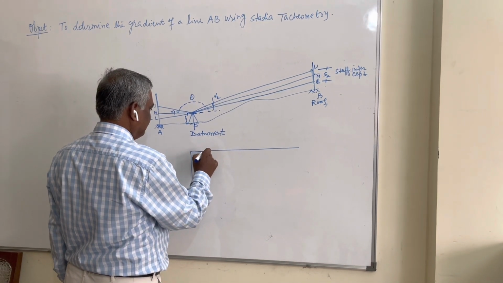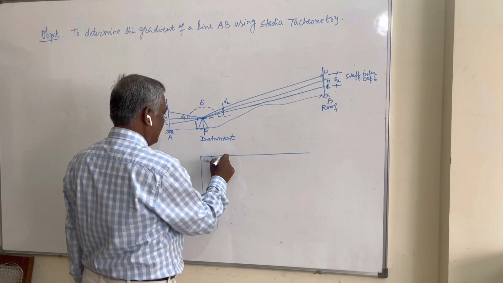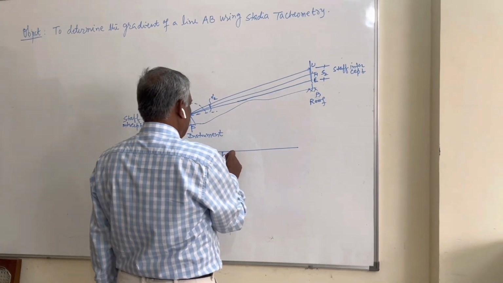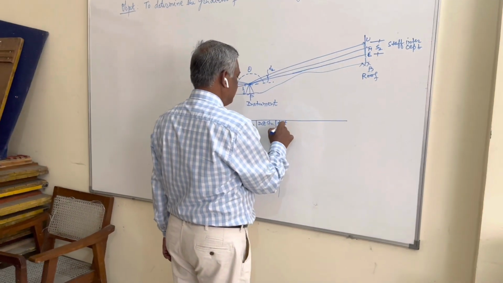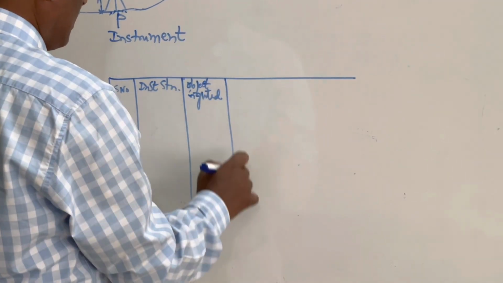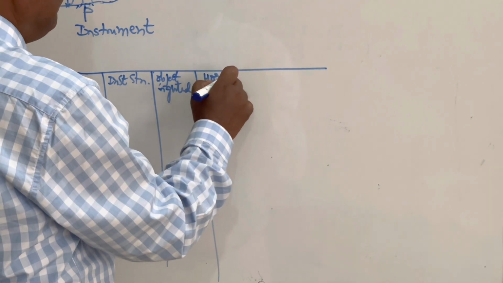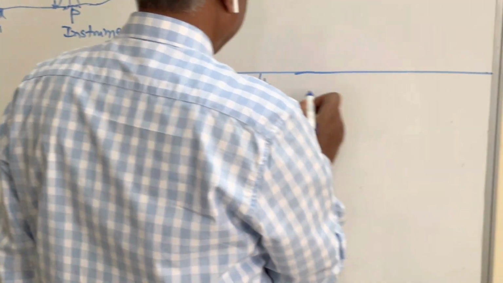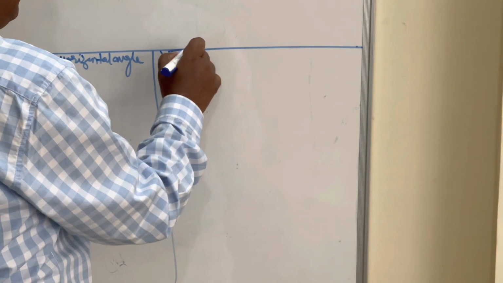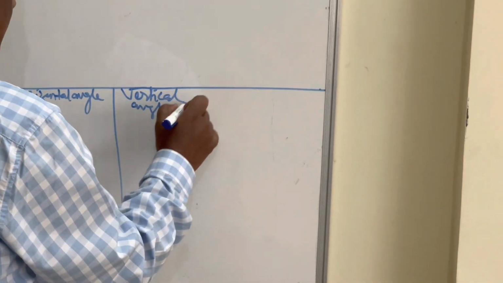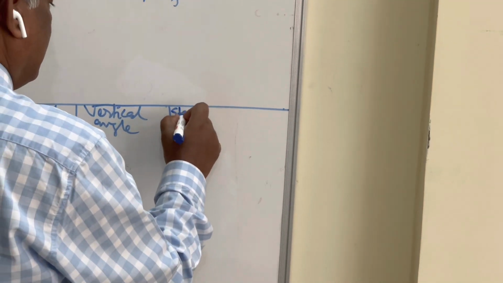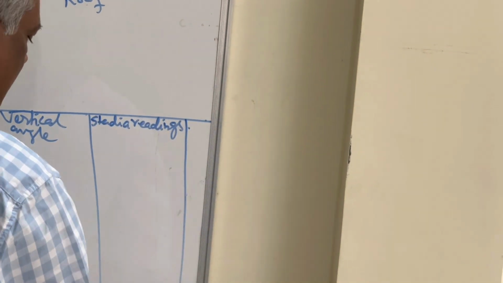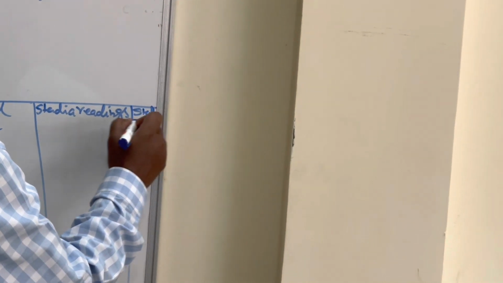Serial number, instrument station, object sighted, horizontal angle, vertical angle, stadia readings, staff intercept.